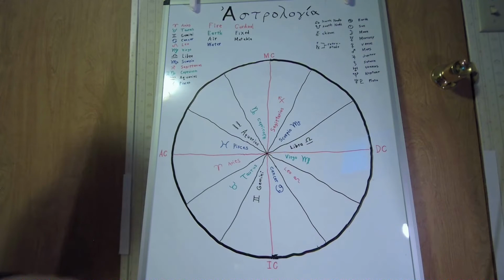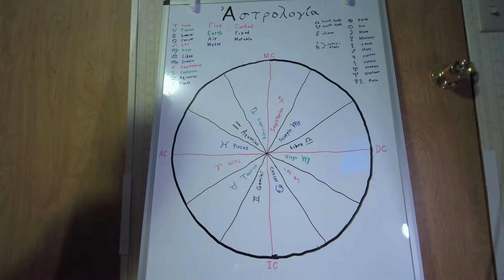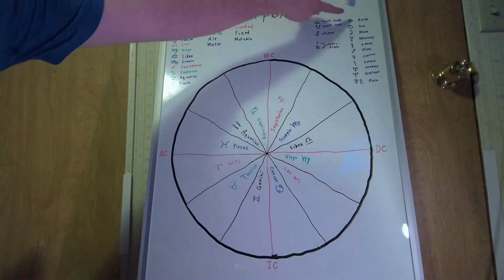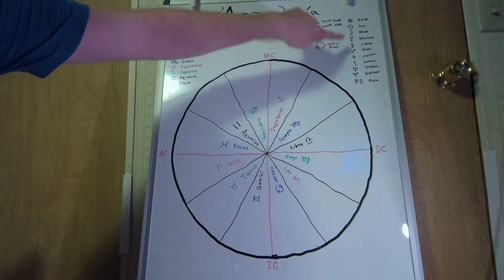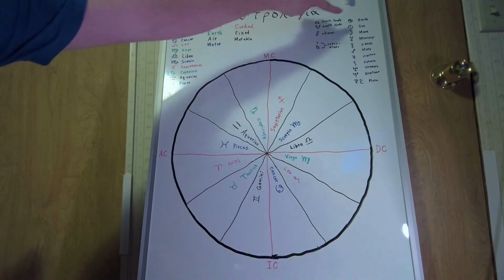So, to start with, let's look at the sun. You all are familiar with the sun sign, but there is actually way more to it than just the sun sign. Here is all the planets and a few other things I'm going to cover later. So definitely more than just the sun sign.